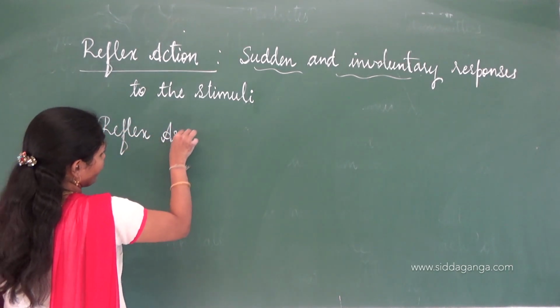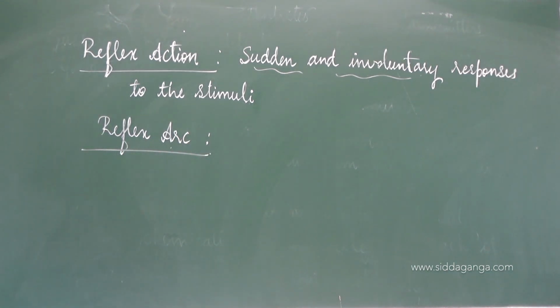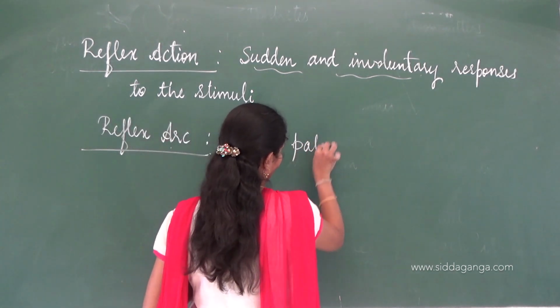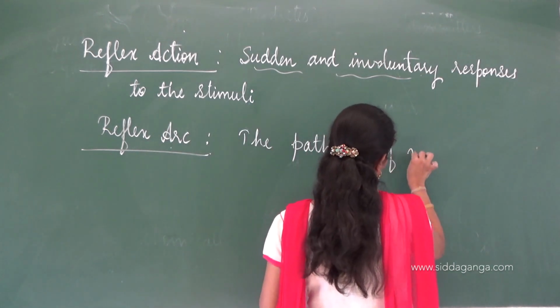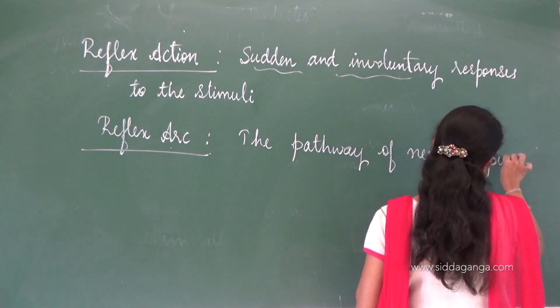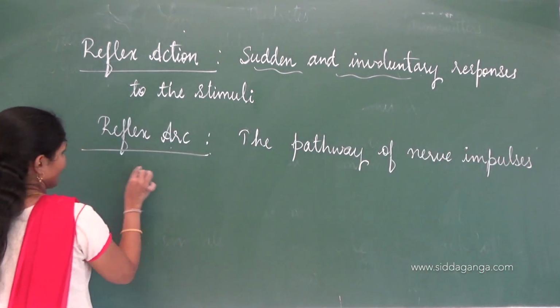The pathway wherein reflex action takes place is referred to as reflex arc. The pathway of nerve impulses involved in reflex action.